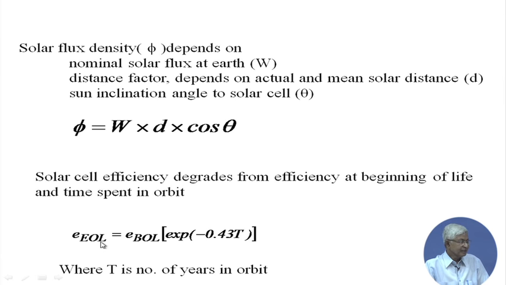So there is another expression, a model, where the efficiency at the end of life, EOL, is equal to the efficiency at beginning of life multiplied by exponential of minus 4.43 of the time, or number of years it has spent in the orbit, minus 0.43 of the number of years it has spent in the orbit, because when it is in the orbit it is facing a different type of environment. So as the time passes, the efficiency will be reducing.